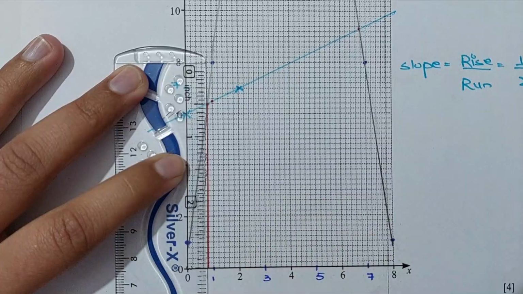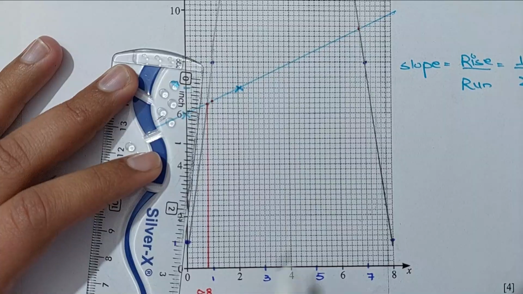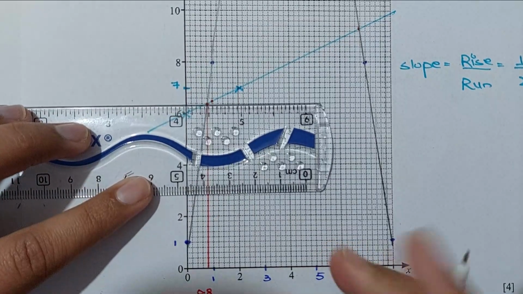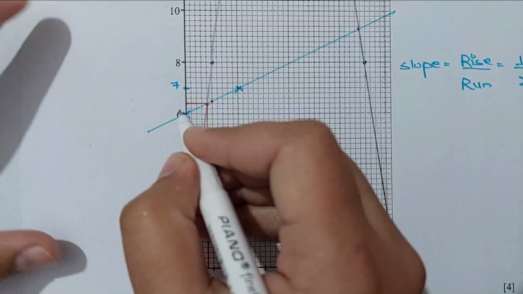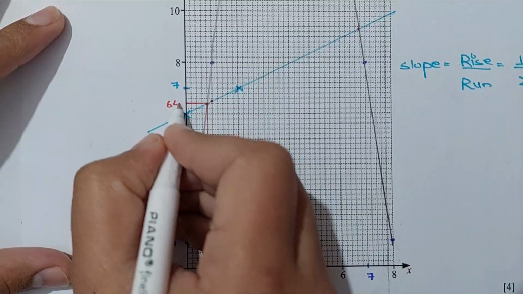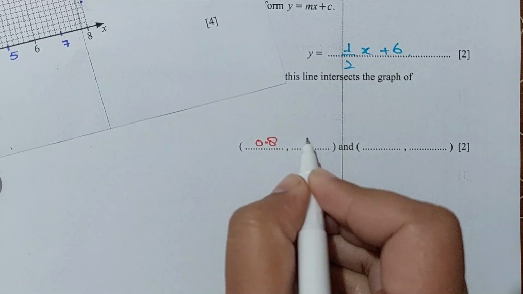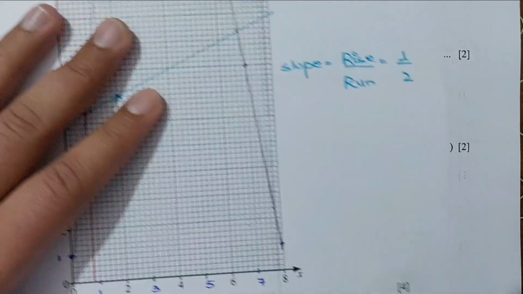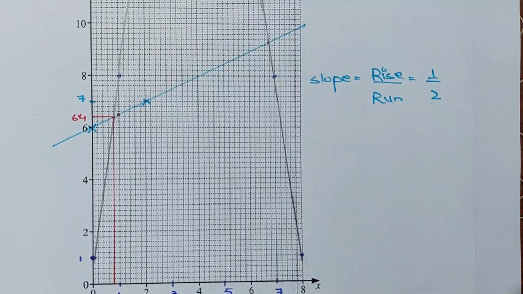The x is 0.8, and the y is 6.4. The first coordinate is (0.8, 6.4). Let me find the second coordinate.